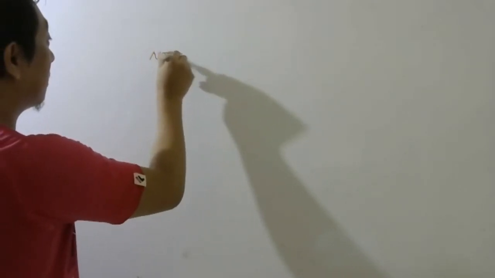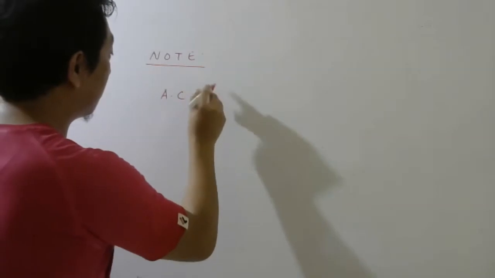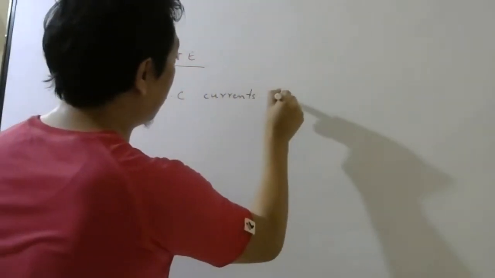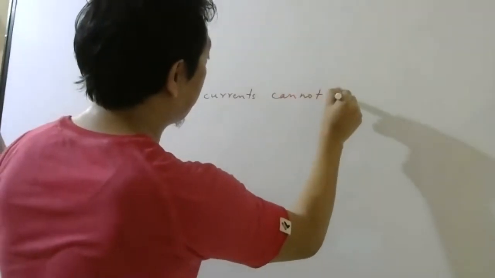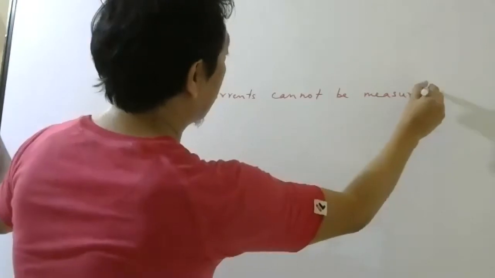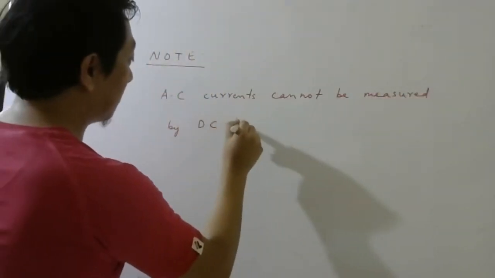So one note you write. AC currents cannot be measured by DC ammeters.